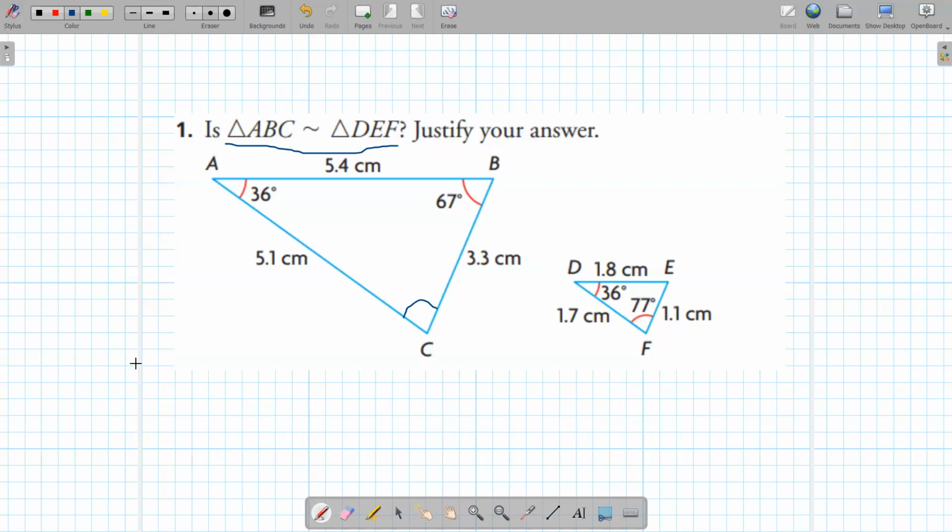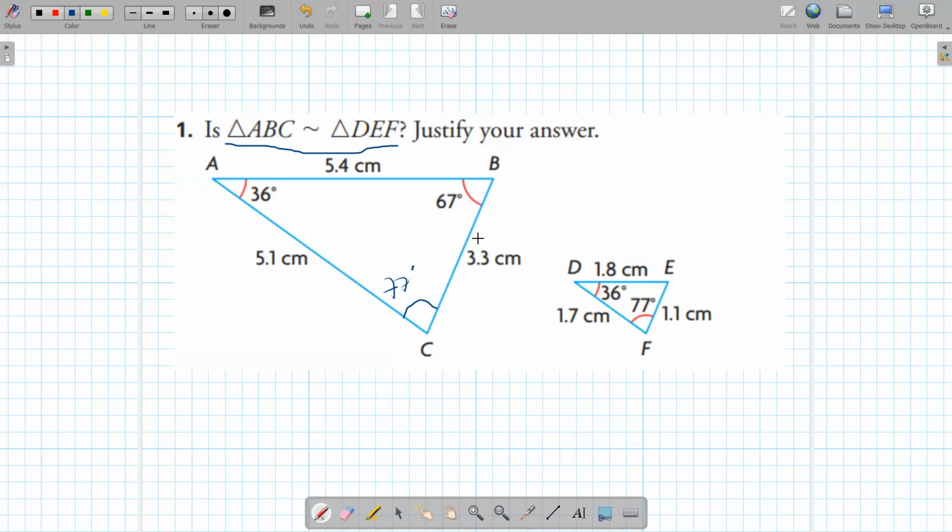Is that the same thing as 77? No. How did you get 87 down there? Wait, I'll do it again. Oh, it's 77. So are two angles the same? They are. So they are similar indeed, okay?